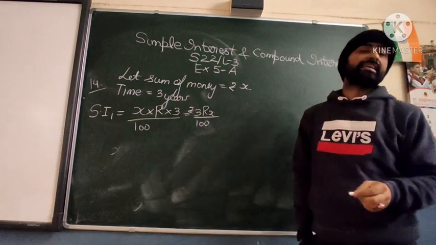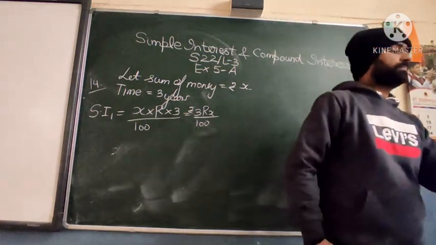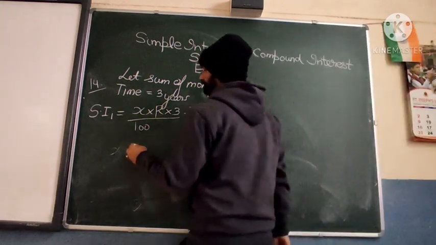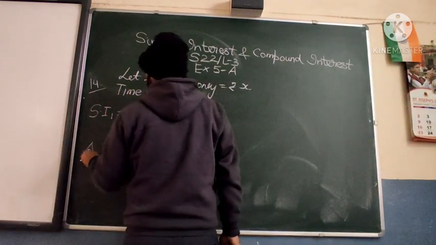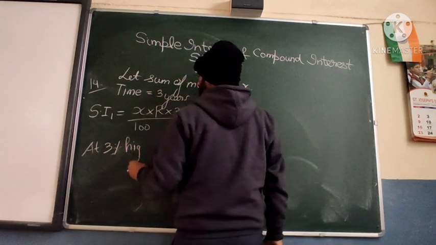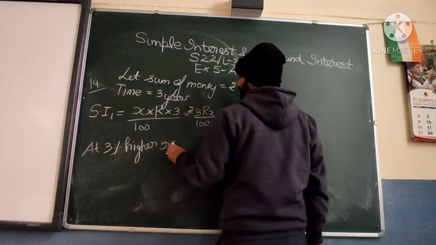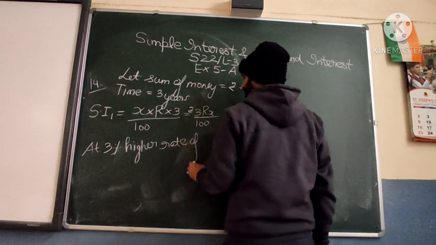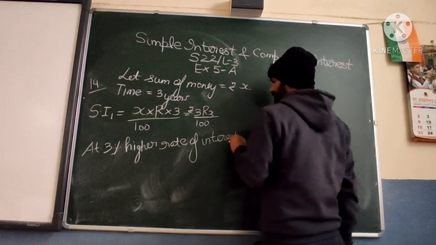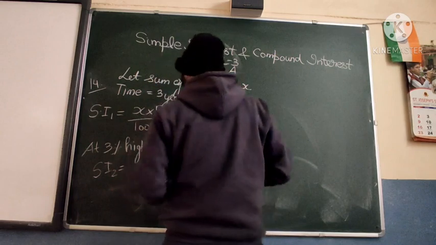Now, the question is saying if the rate of interest would have been 3% higher, 3% more, that means R plus 3. What is the second simple interest that will be earned?